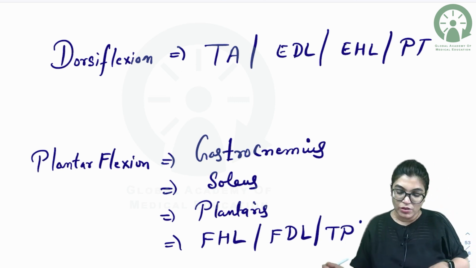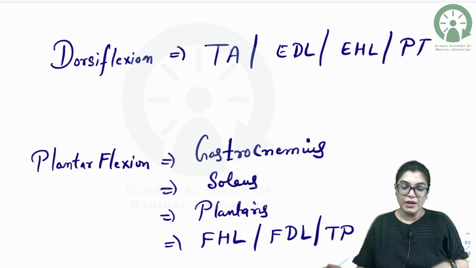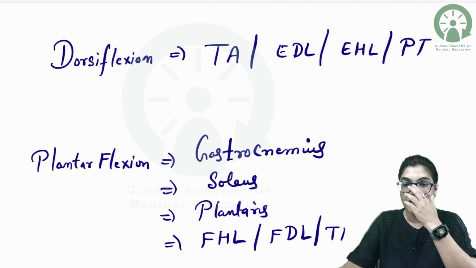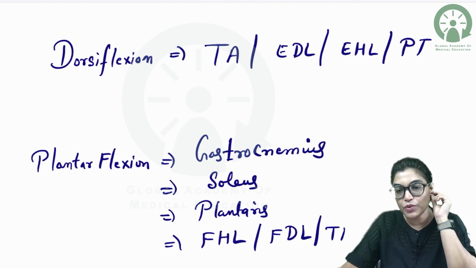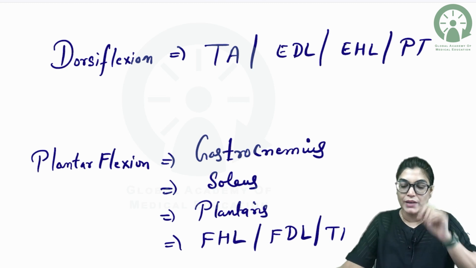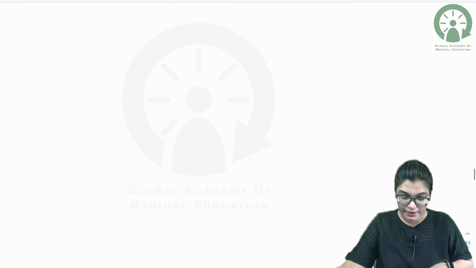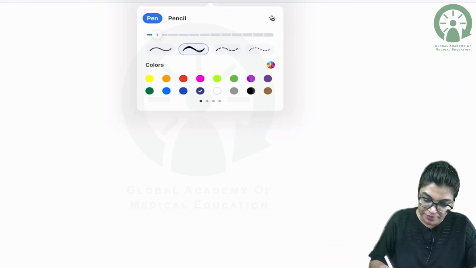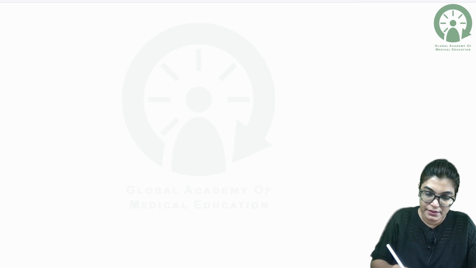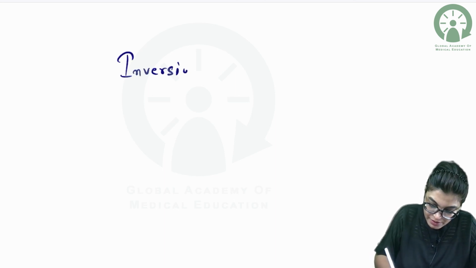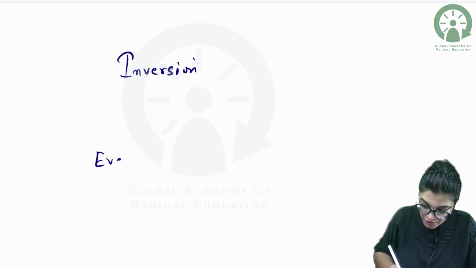My dear aspirants, I also want everybody to please note down, we know that dorsiflexion and plantar flexion is the action which is taking place at the ankle joint. In the same way, there is another action called inversion and eversion of the foot, which is taking place at the subtalar joint. You have to know the muscles performing this action. So, please write down. Inversion and eversion of the foot.